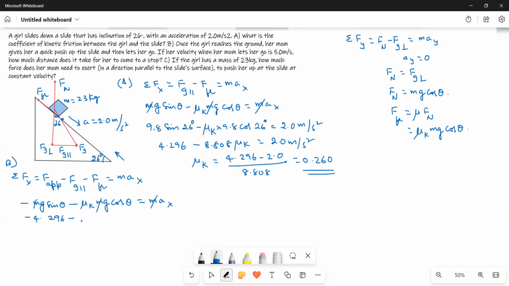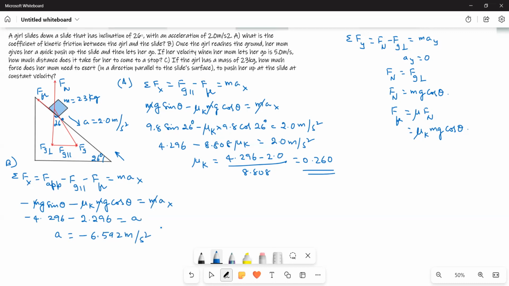When we multiply, this will become 2.296 is equal to acceleration. So acceleration is equal to negative 6.592 meters per second square.